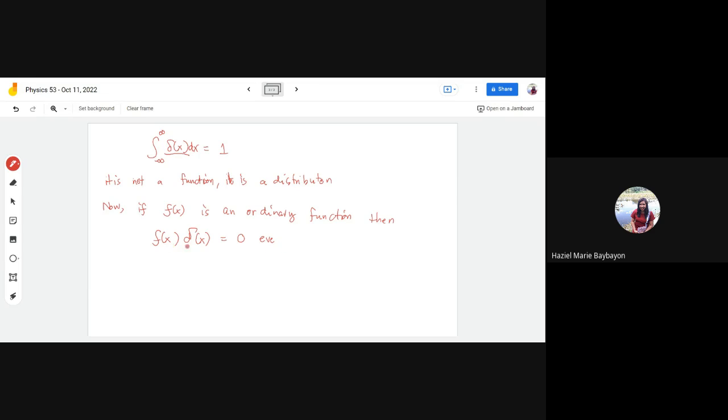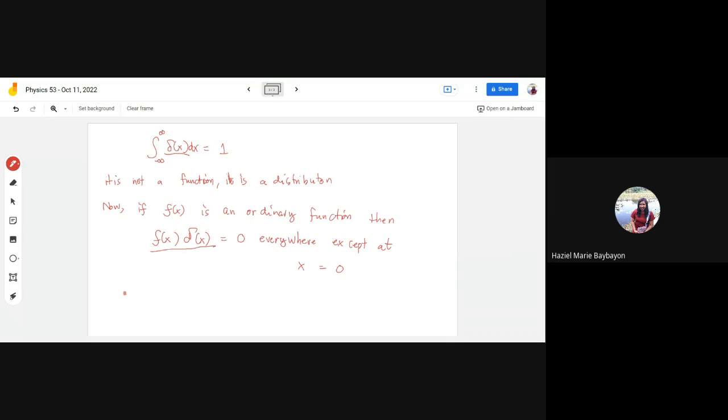So if you multiply an ordinary function with the Dirac delta function, it is equal to 0 everywhere except at x equals 0. Okay?